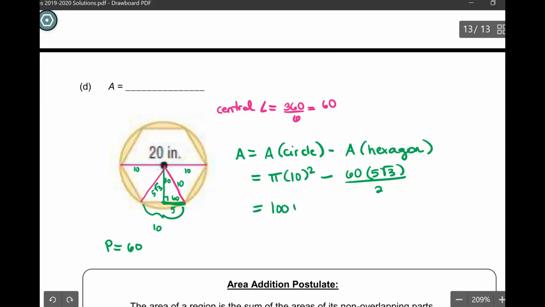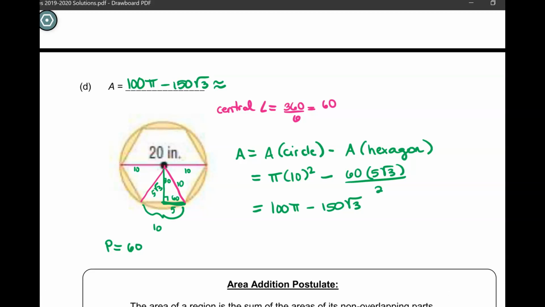So we get 100 pi minus 150 times the square root of 3. So that's our exact answer. And now let's substitute those values into our calculator. I get 54.35, so that's going to be 54.4 for rounding to the 10th.